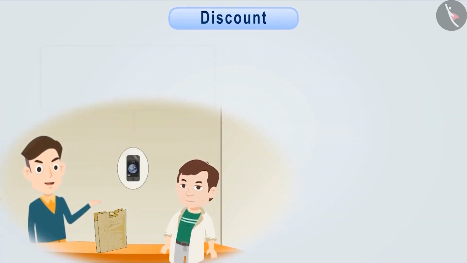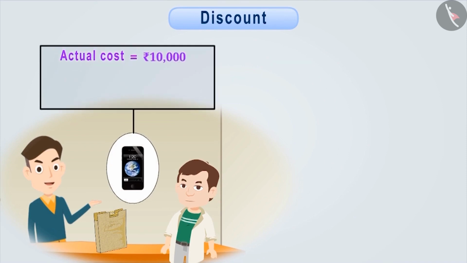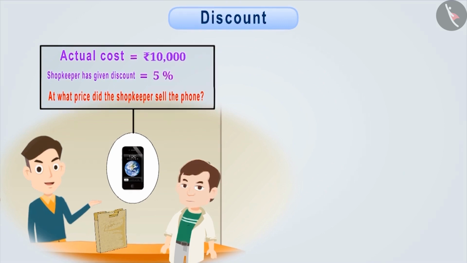Suppose the actual cost of a mobile phone is rupees 10,000. While selling it to the customer, the shopkeeper sold it for a 5% discount. Find the selling price of the mobile phone. In this situation, first, we will calculate the discount. Since the shopkeeper has given a 5% discount on the actual price, we can say that discount is equal to 5% of rupees 10,000.